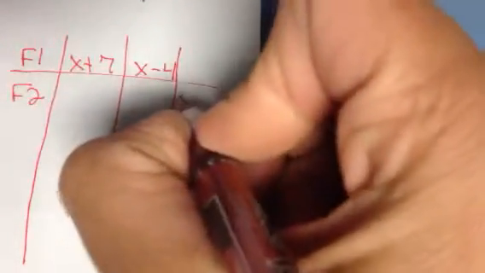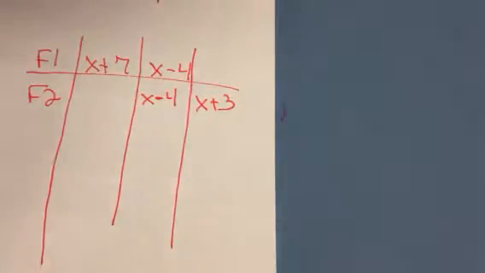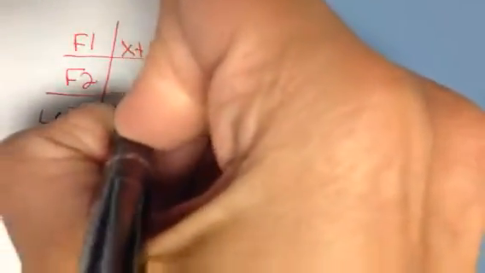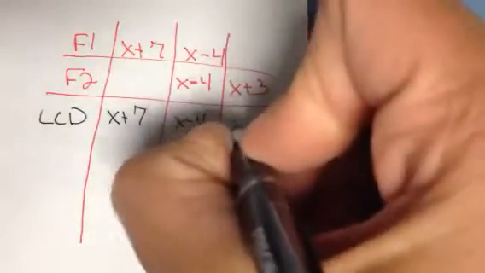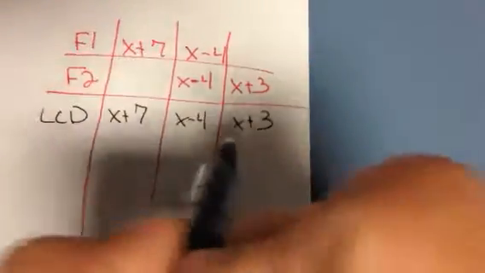And this one has an x plus 3 and an x minus 4. So the x plus 3 is going on its own. So from there, if you just bring everything down once, here's your least common denominator: x plus 7, x minus 4, and x plus 3.